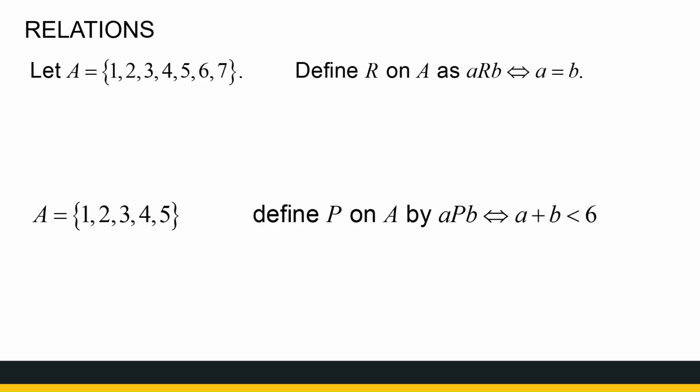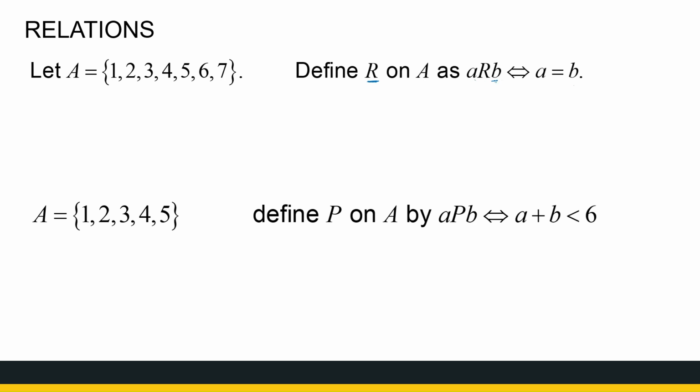All right, here's two examples. The first one, my relation R is defined on a set A. A is 1, 2, 3, 4, 5, 6, 7. aRb if and only if a is equal to b. Now this one is very, very simple. If I look at that set, aRb is true only if the a and the b are the same.